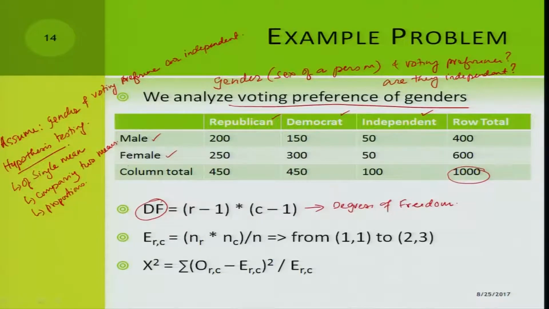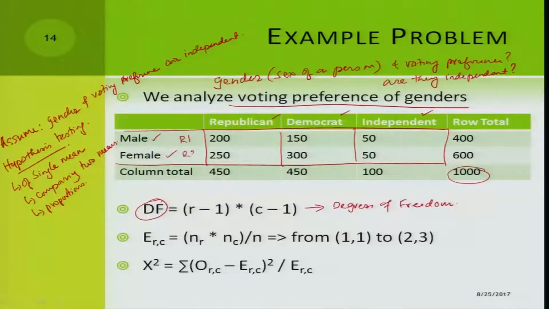We have two rows, R1 and R2, and three columns, C1, C2 and C3. Since there are two rows, that's 2 minus 1, which is 1, and three columns, 3 minus 1, which is 2. So it's 1 times 2, which is 2. So the degrees of freedom is 2.